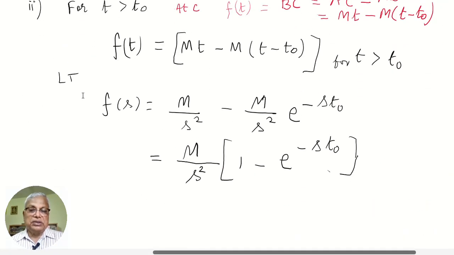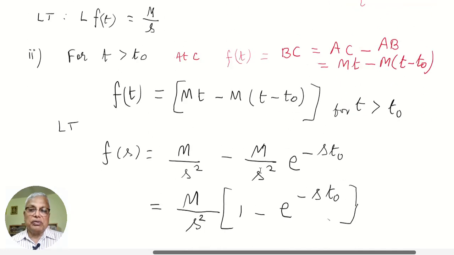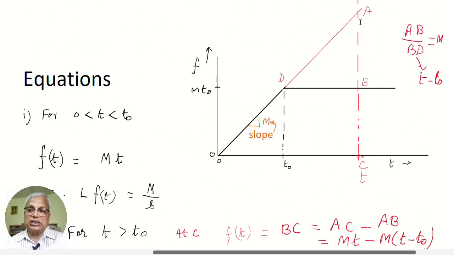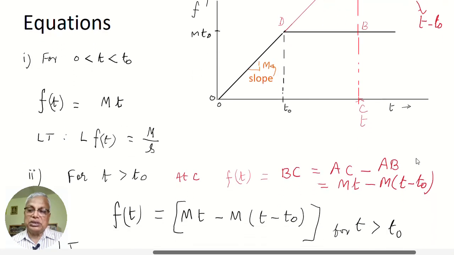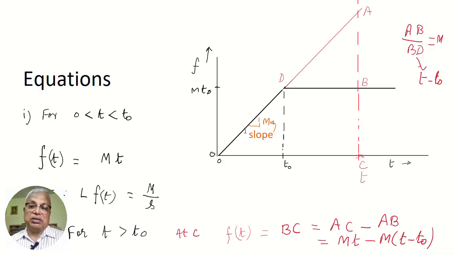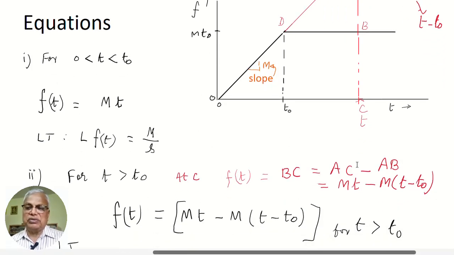So this is the equation for the second part, for t greater than t naught, which I got by this detailed method. For easy understanding, I have taken this method, BC equal to AC minus AB, etc. Now I'll give a very simple, very quick method of finding this equation for t greater than t naught, with no need for all these equations.